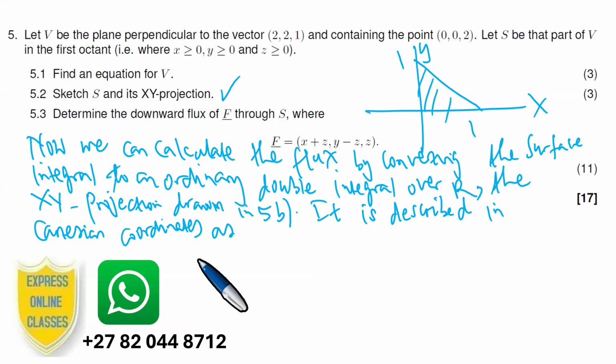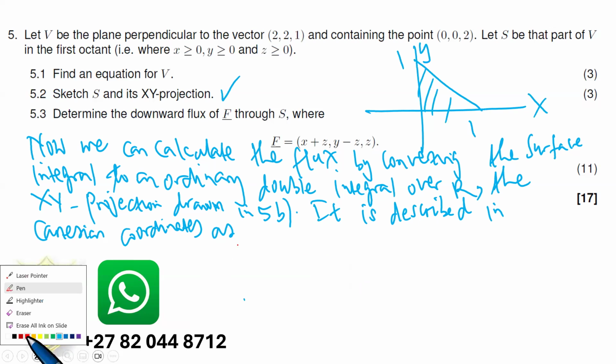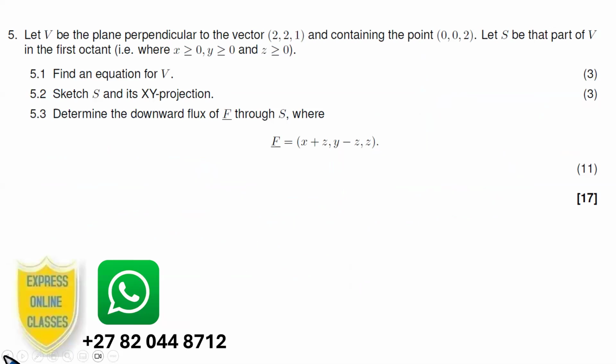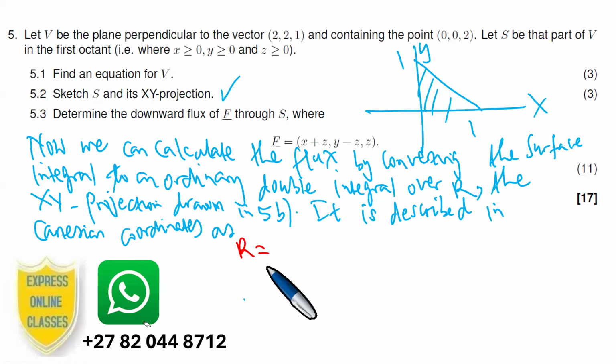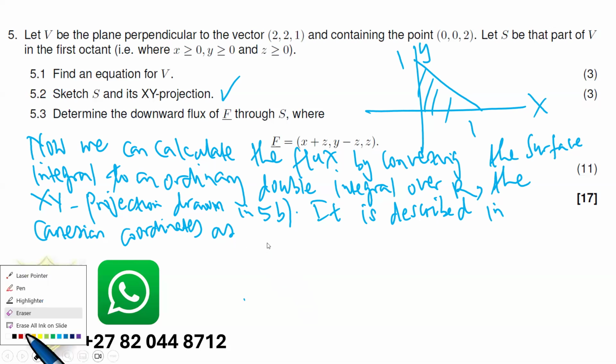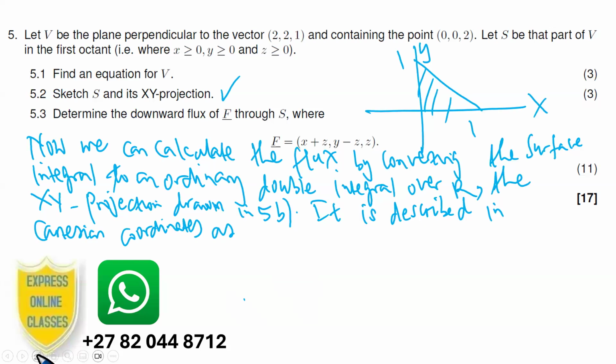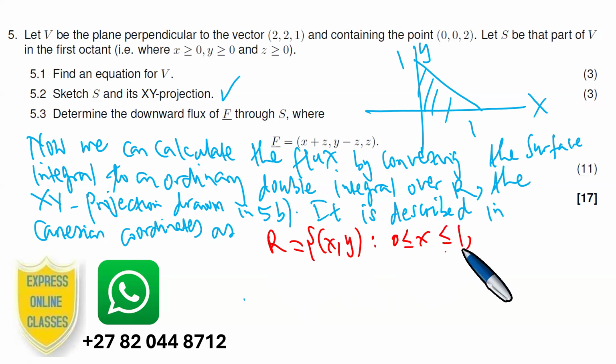So that R, the region, you can write it as R equals (x, y), and this would be 0 is less than or equal to x less than or equal to 1.